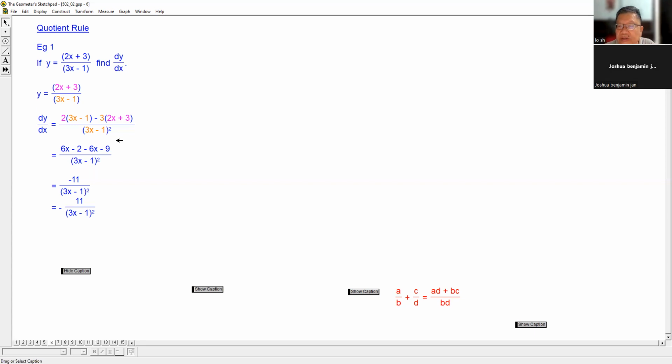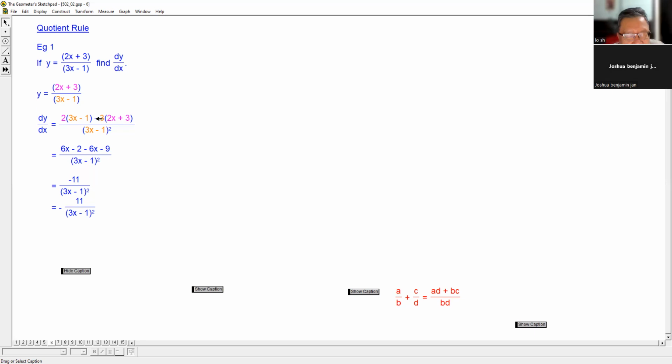Now the order is important. Whether you differentiate the top first or you differentiate the bottom first, only one is correct. The other one is wrong. So you listen carefully. I differentiate the top, then keep the bottom. Differentiate the top, I get 2. And this bottom here, I keep, don't do anything to it.